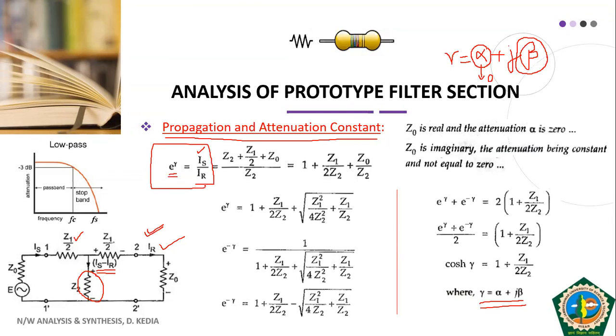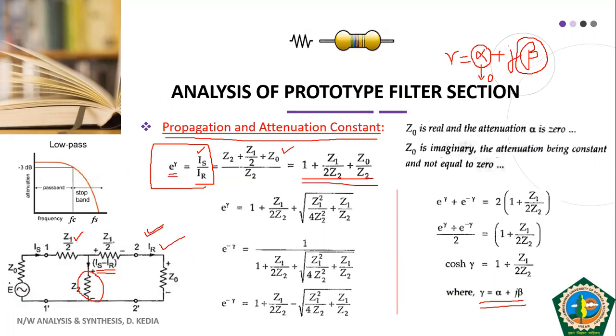So now I leave it to you to find out the ratio of Is upon Ir, because by simple application of KVL, that is Kirchhoff's voltage law, we can determine these values. And if you solve for Is and Ir, you will get this ratio. Okay, so your e raised to power gamma becomes this one.